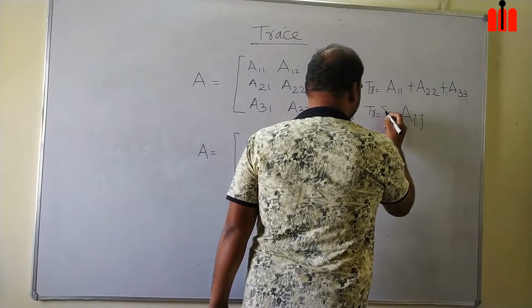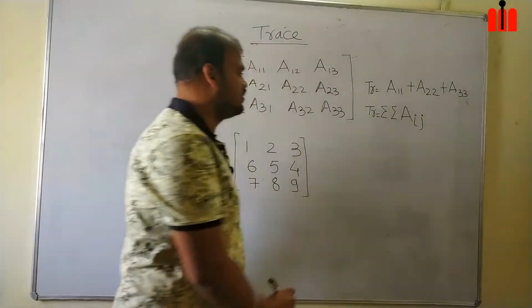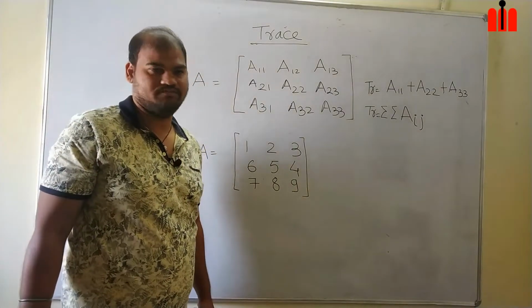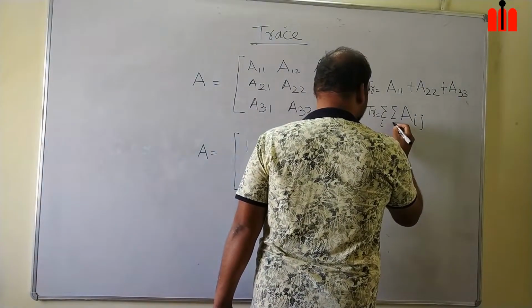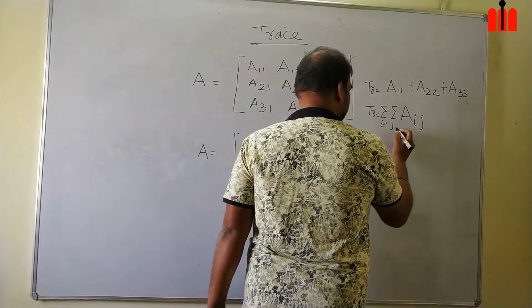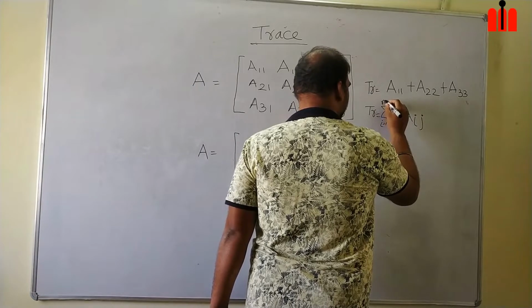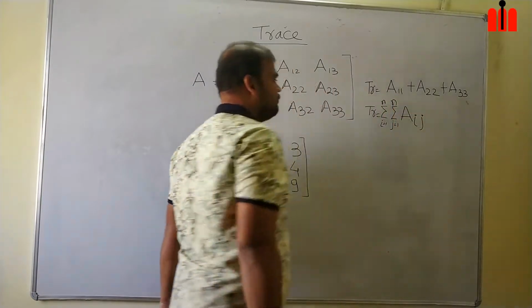Now we have to define the number of rows and number of columns. So I will define rows by i, columns by j, it will start from 1, it will move to n and j will move to n.